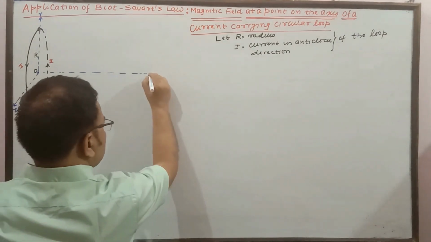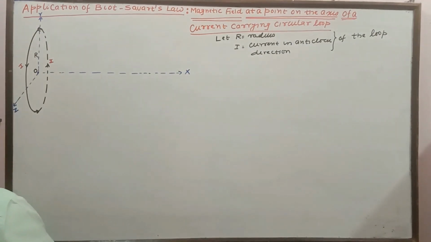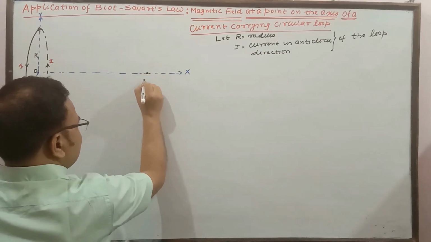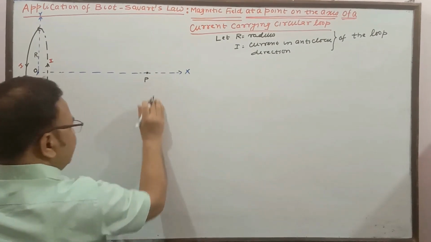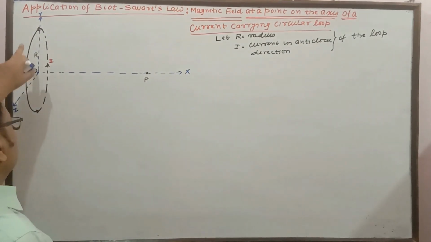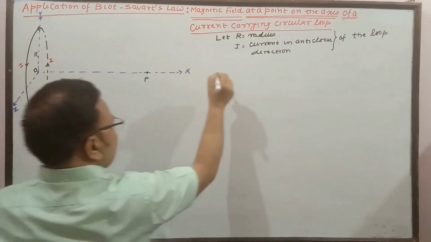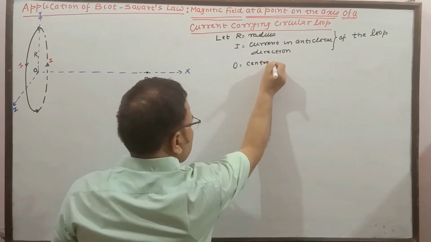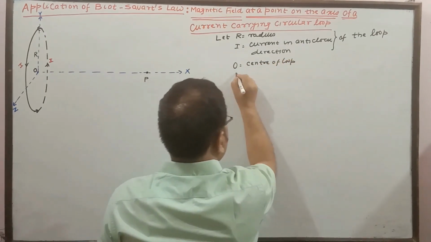So this is the x-axis and this is also the axis of the given loop. We consider any point P as the observation point where we would like to find the magnetic field due to this current carrying loop. O is the center of the loop, and P is the observation point.